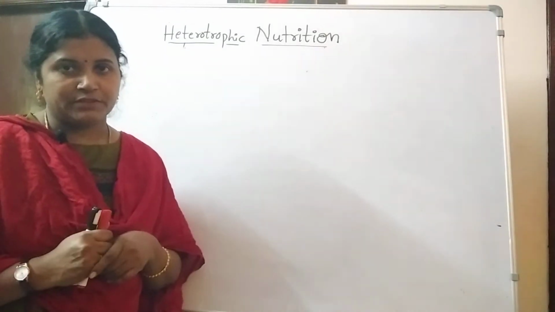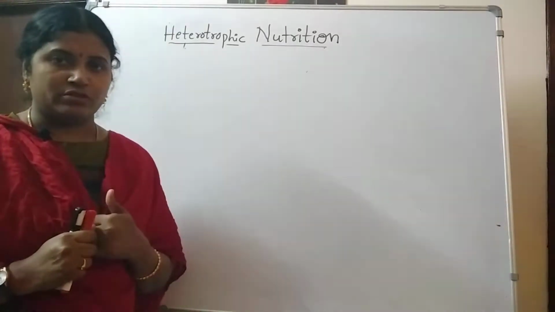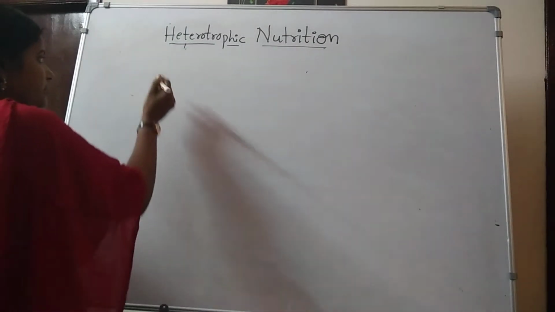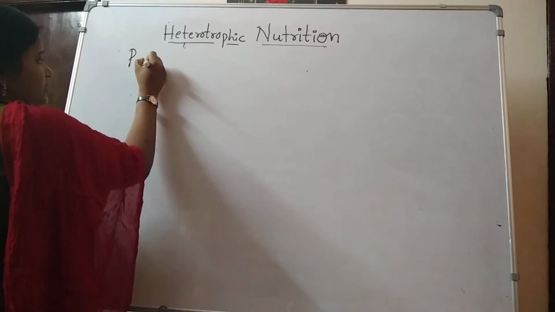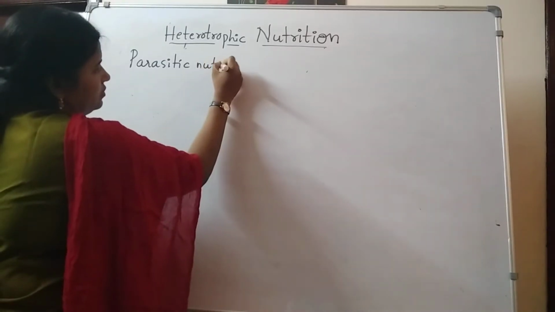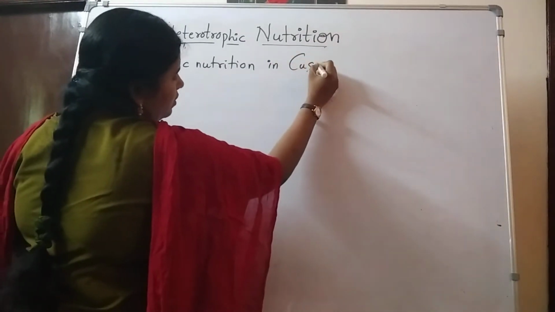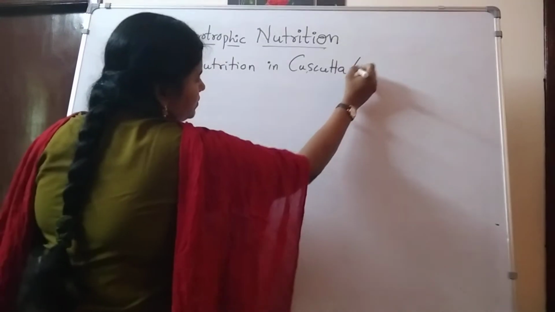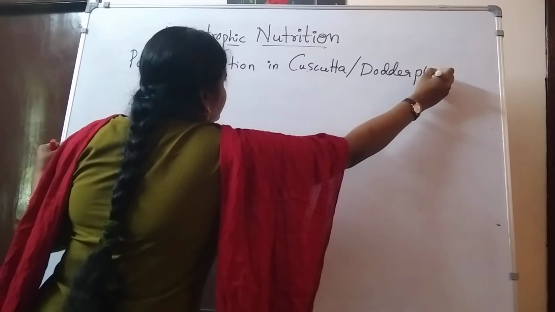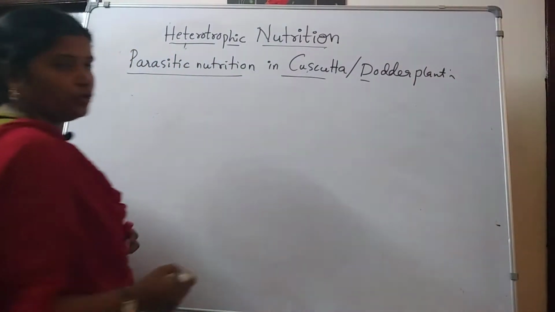They can't prepare the food material, so they depend on other organisms. The example is parasitic nutrition in the cuscuta plant. Cuscuta is also known as the dodder plant, okay. First we will see the introduction of the cuscuta plant.